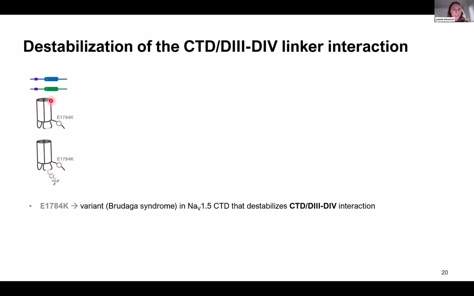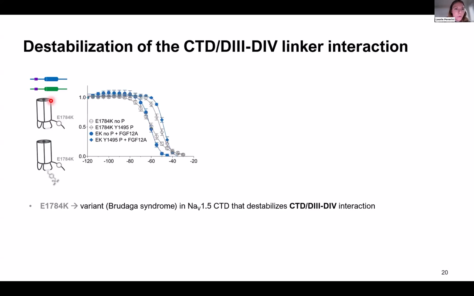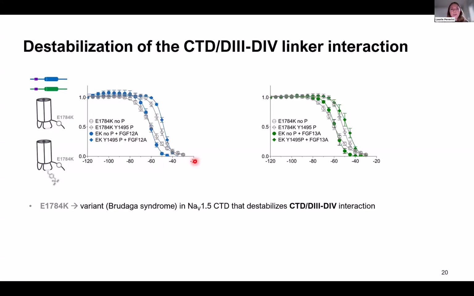When we look at the steady state inactivation properties with FGF12A, this time we have not been able to see any shift, either on the phosphorylated or on the non-phosphorylated construct. We observed the same effect with FGF13A: no shift on the non-phosphorylated and no shift on the phosphorylated construct.